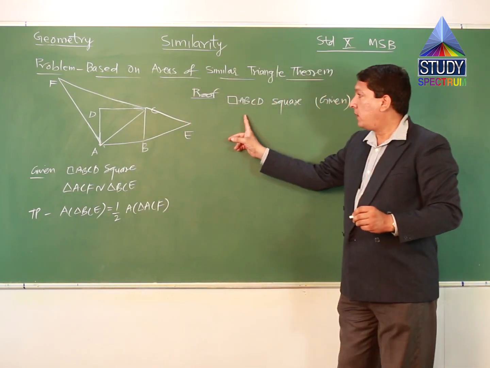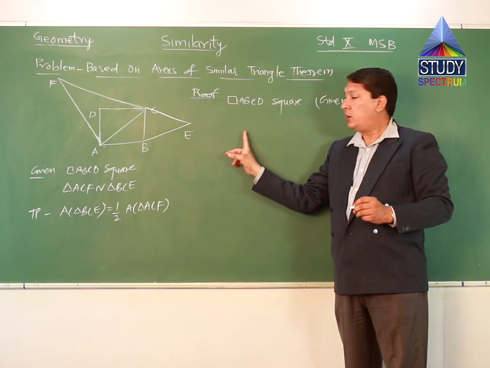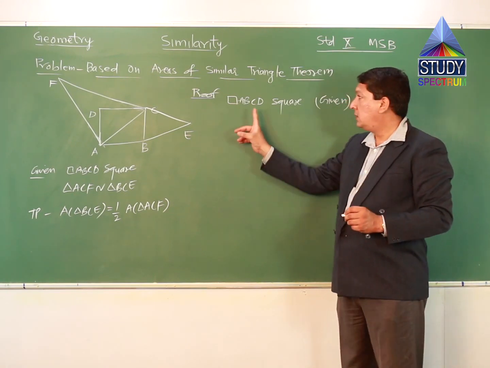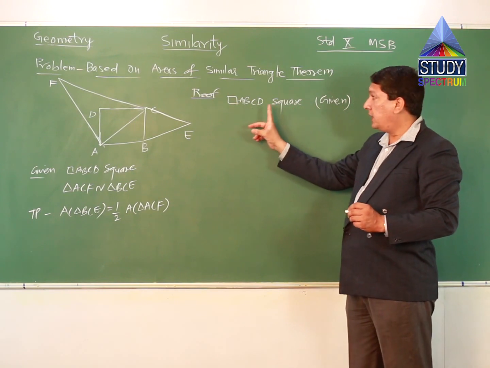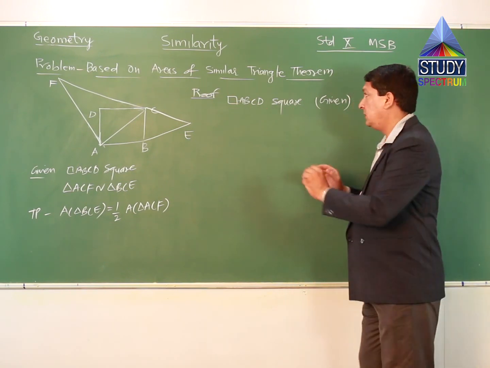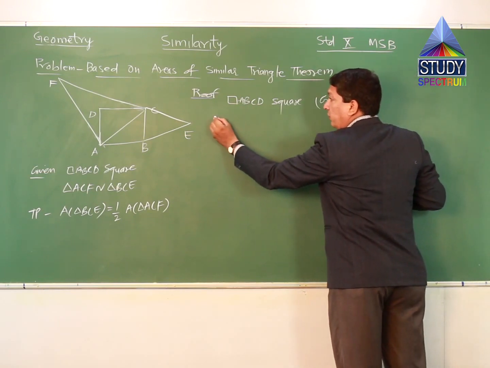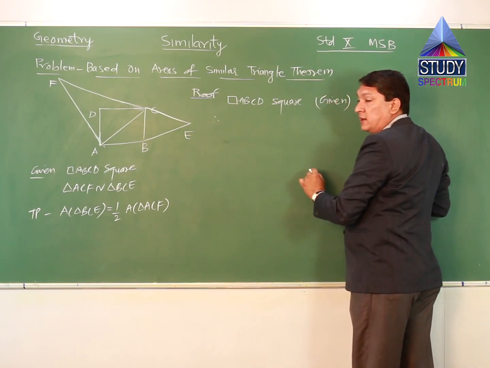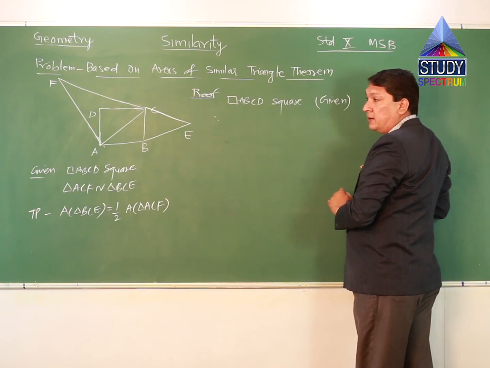In a square, all sides are equal. In a square, all angles are right angles. So ABCD is a square. Therefore, I can say all sides are equal and all angles are right angles.